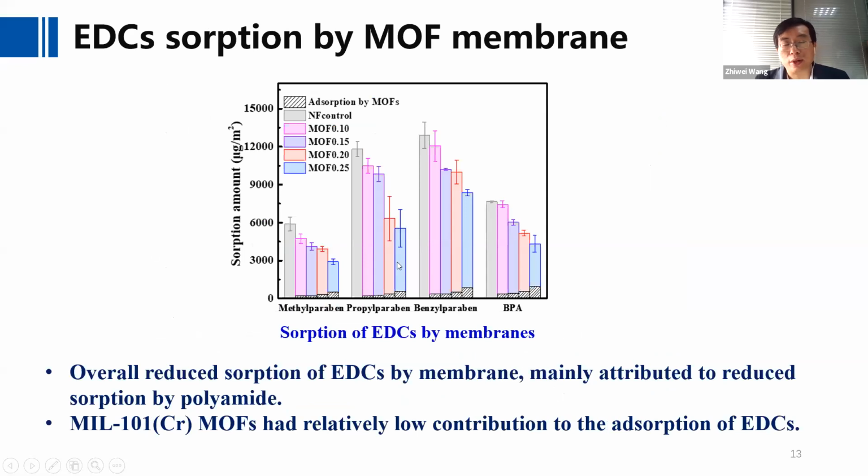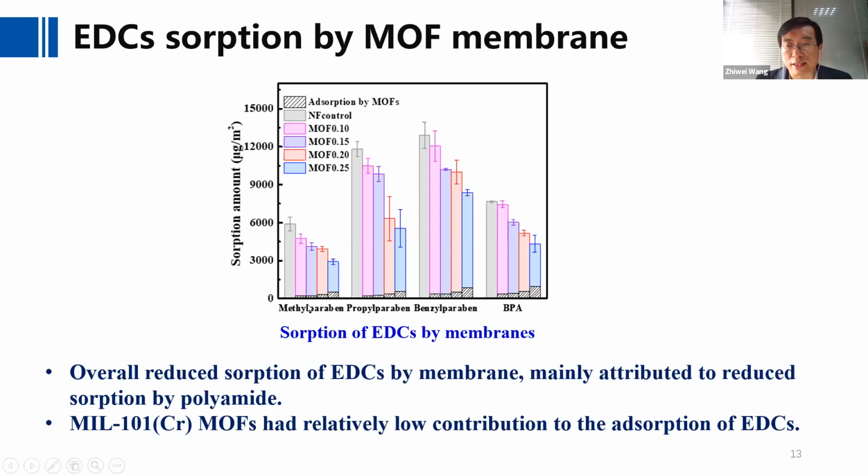Then we wondered about the mechanisms behind this. So we conducted a sorption test using the modified membrane. You can see from this figure that the sorption of EDCs after incorporation of MOFs shows a decreasing trend, suggesting that the sorption of EDCs to the membranes was inhibited.